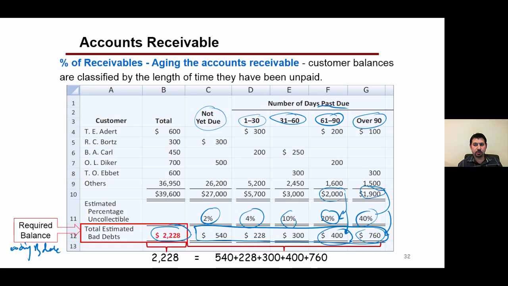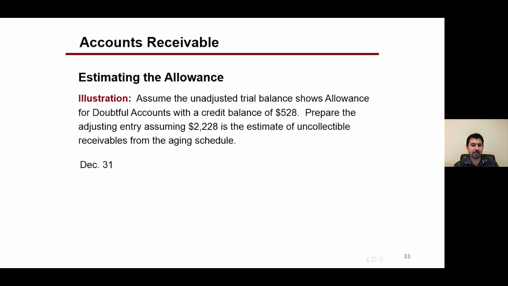We assume that this amount is the uncollectible. This is an illustration of the aging method, or the percentage of receivables method.